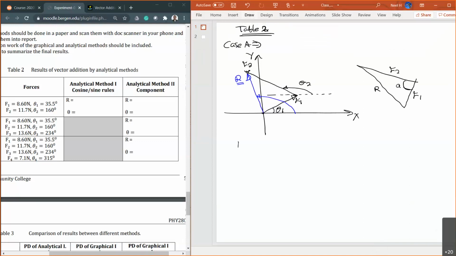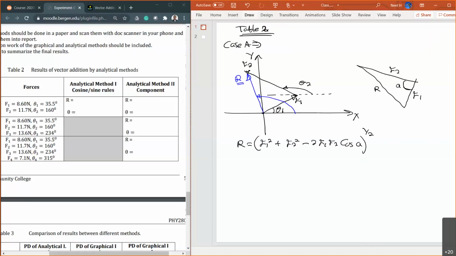What the cosine rule tells you is R is equal to the square root of f1 square plus f2 square minus 2 f1 f2 cosine of the angle in front of the line R.